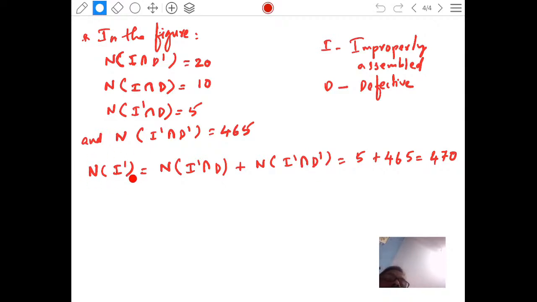So the numbers are 5 plus 465, which is equal to 470.